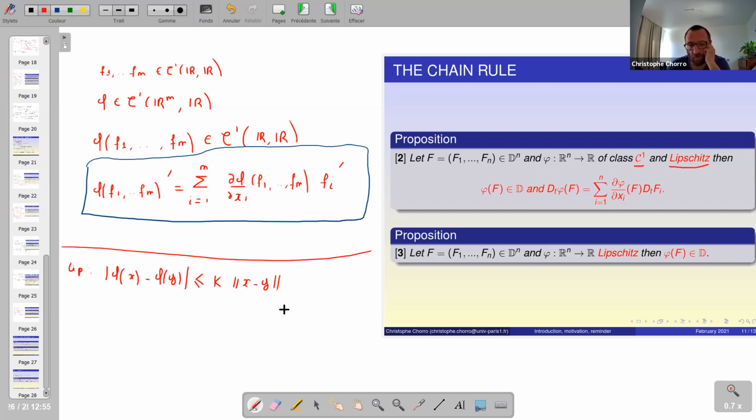So the norm 2, the norm 1, the infinite norm, as you like. Just keep in mind that C1 plus Lipschitz implies that the partial derivatives are bounded.